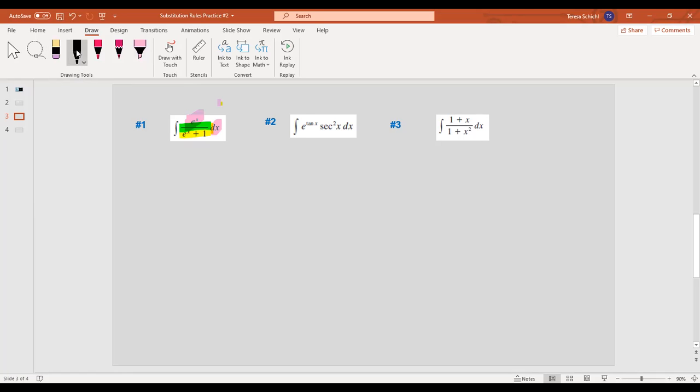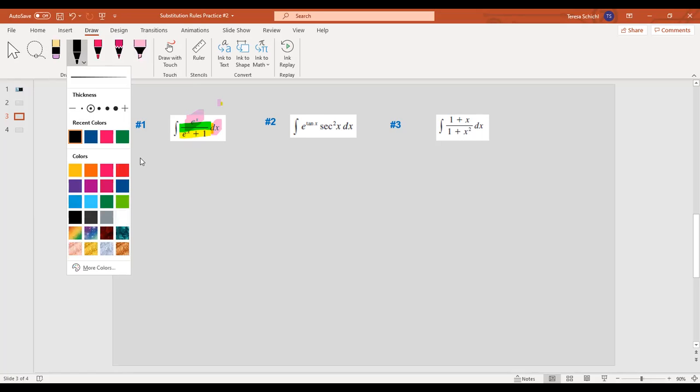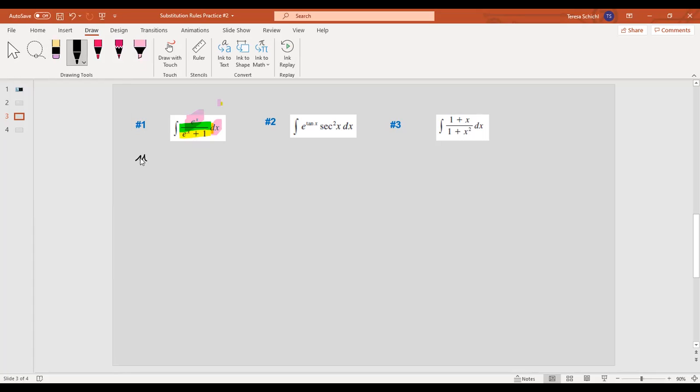Now, let's see if we can match it or not. The first thing I will say is u equals e^x plus 1. So du will be what? e^x dx. We probably made the right decision, because this e^x dx matches.